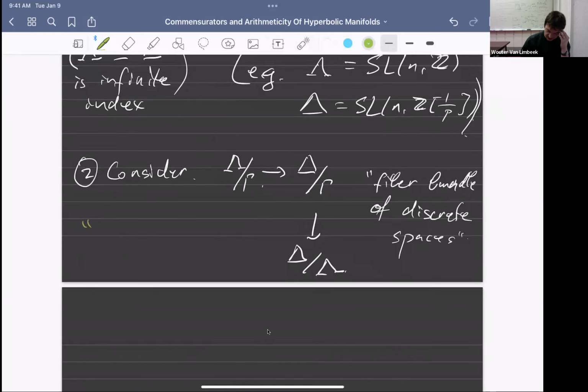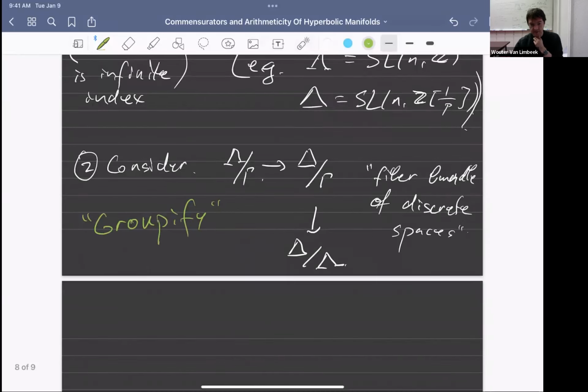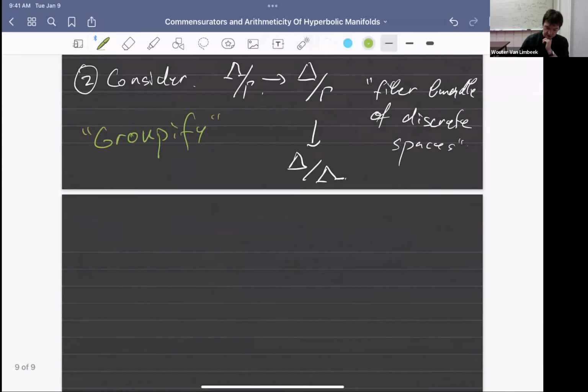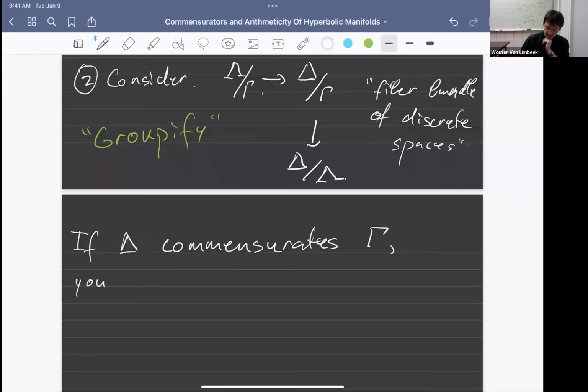So I would like to, there's a groupification construction that we do. And this is maybe the main technical tool that we use. What you can always do is, if you have a group which commensurates some subgroup, you can complete. This is a construction due to Schlichting.